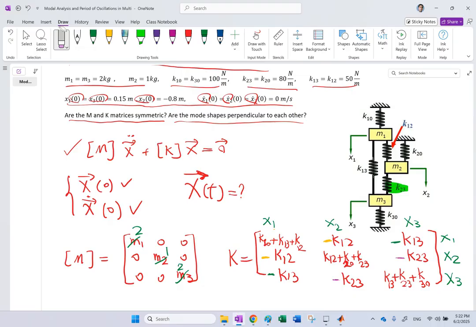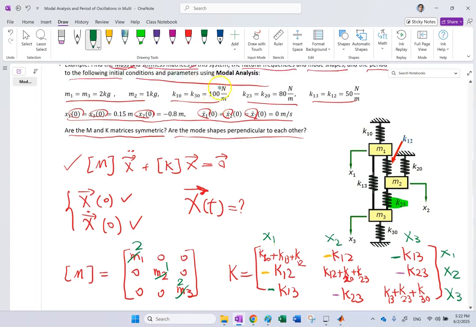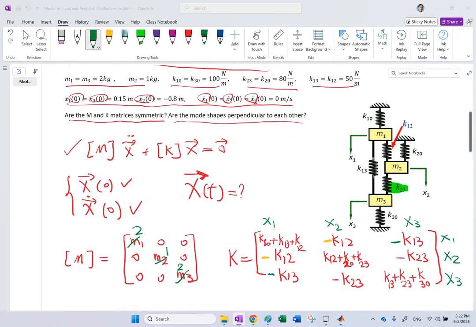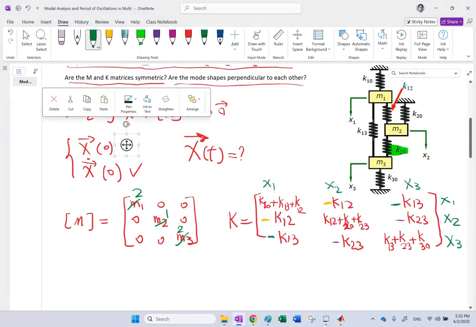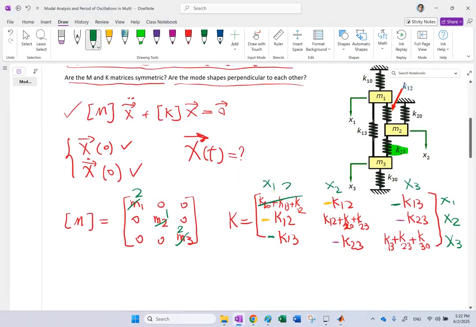Now in this system here, if you look at the values that I provided for these different K's, you can see that my K matrix is going to be like 200. Let me clean these up.